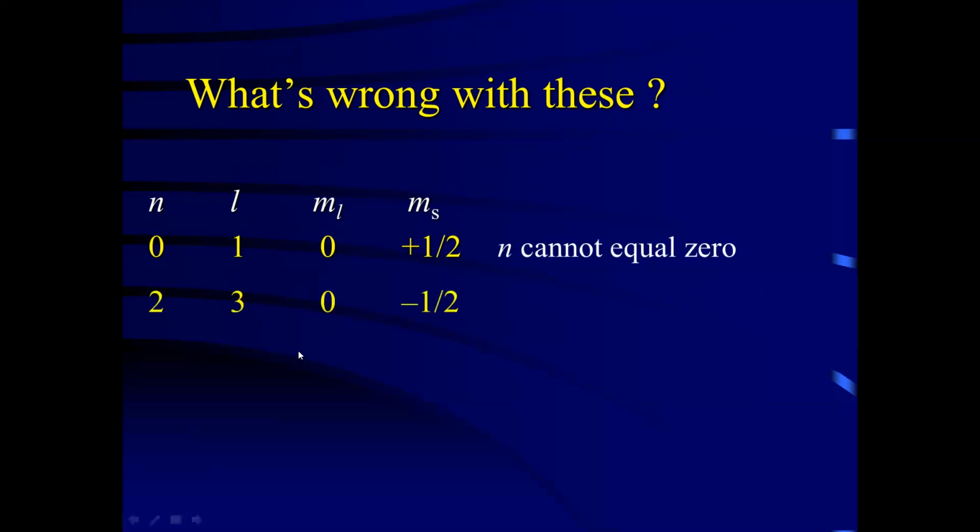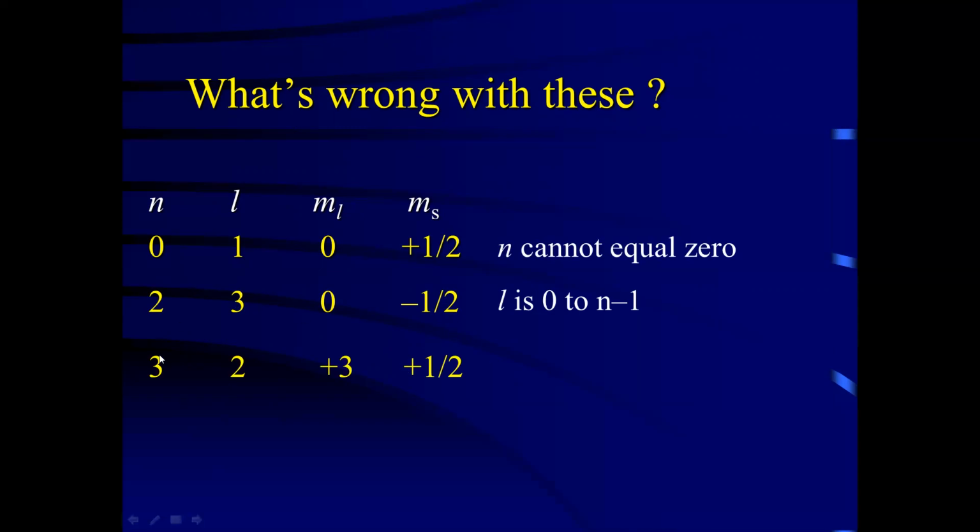And let's take a look at here. What is the problem here? The possible values of L, if you still remember, cannot be bigger than n. It can only be from 0 up to n minus 1. But this one is larger than this one, so it's wrong. Let's take a look at this one.